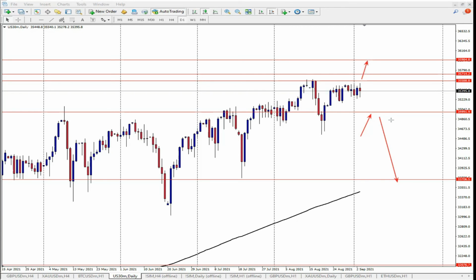So bullish, bearish, if price breaks through this area, then we can now sell. So this is basically our expectation on US30 following the weekly and the daily.